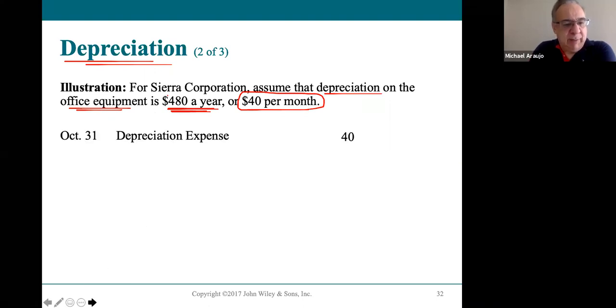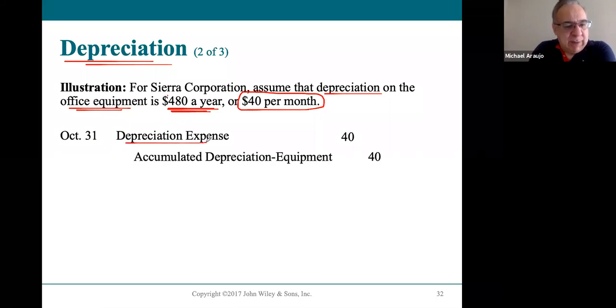The entry works a little bit different than others. First of all, there is a depreciation expense account that would get the debit. So that's a piece of cake. What's different about this is we don't actually touch the equipment account.